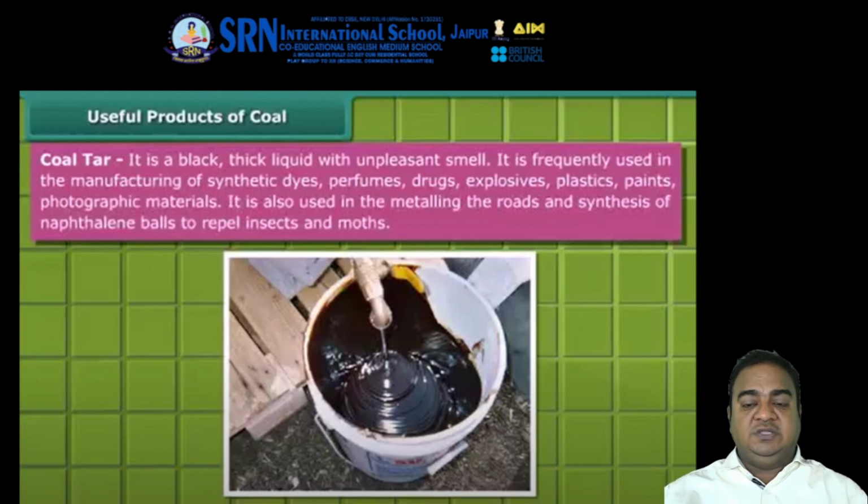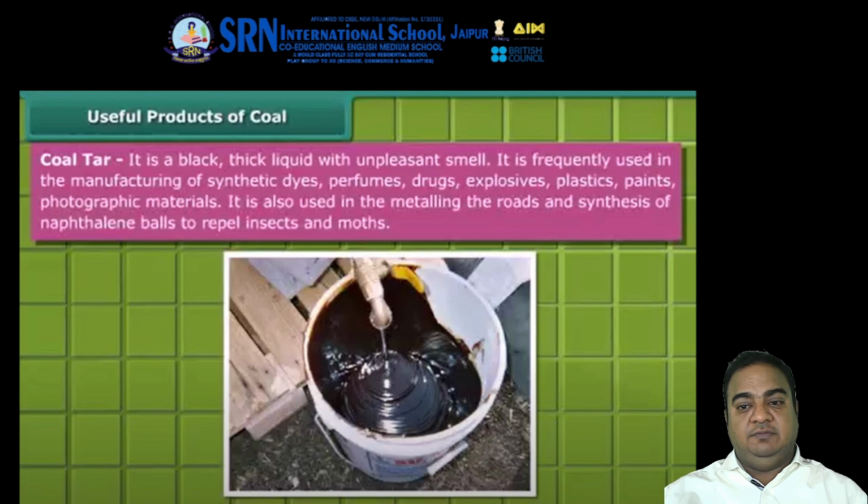Coal tar. You can see a very viscous compound in the bucket. This is called coal tar. Have you seen coal tar on the roads? Yes, coal tar is used to prepare the roads. It is a black thick liquid with an unpleasant smell. It is frequently used in the manufacturing of synthetic dyes, perfumes, drugs, explosives, plastics, paints, and photographic materials.